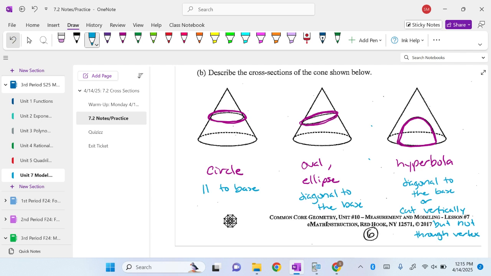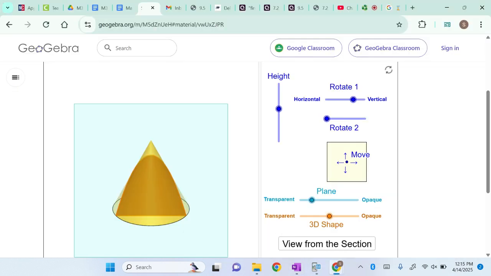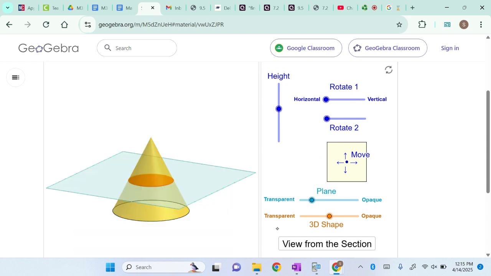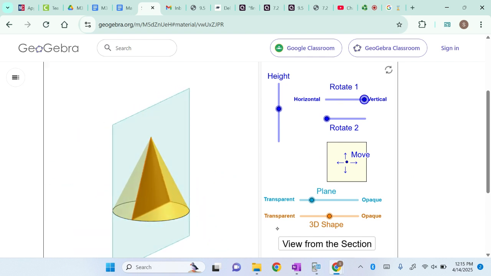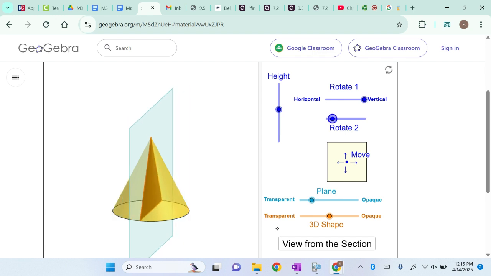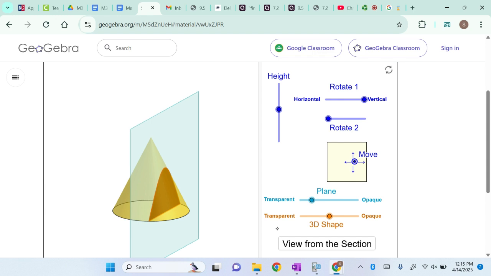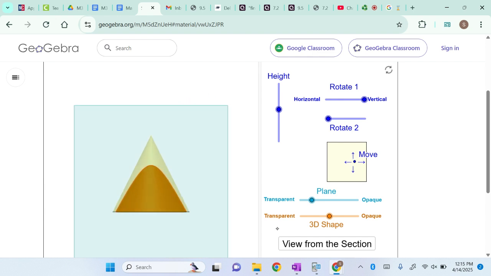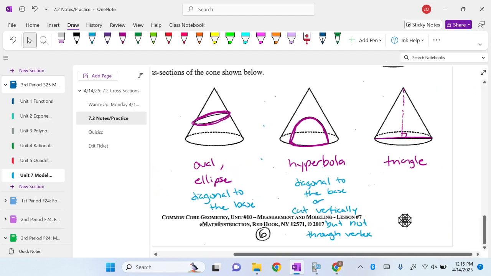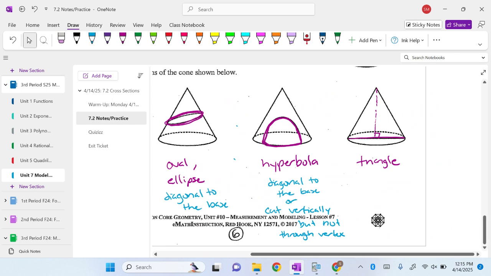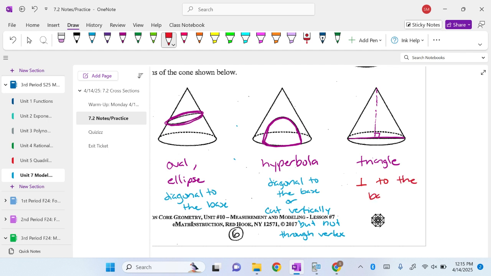So basically, if we go back to our GeoGebra, if we cut straight down, but it's not quite through the vertex, it still makes that hyperbola. All right. The only time it becomes a triangle is if it cuts directly through the vertex. So this one is perpendicular to the base through the vertex.